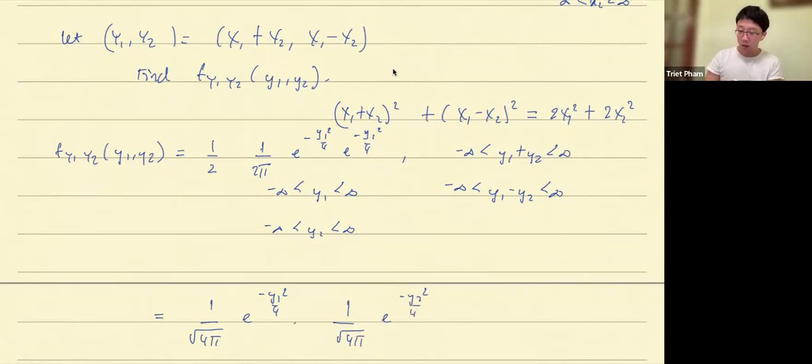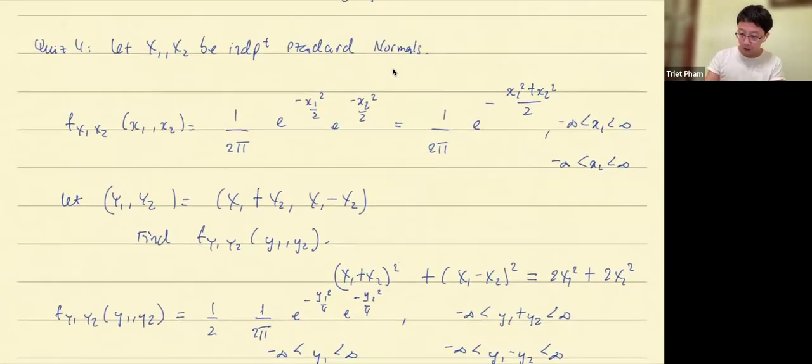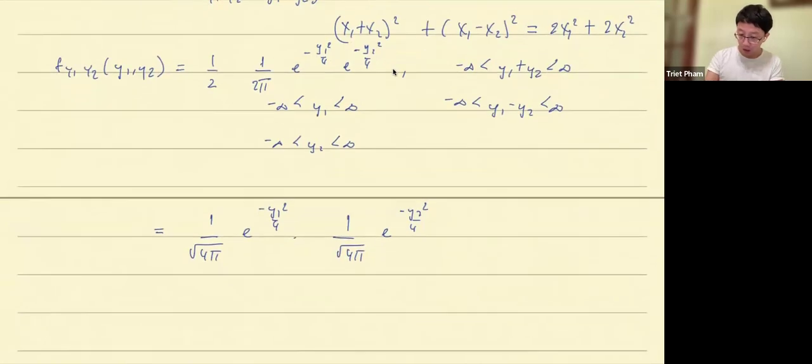So what have we concluded? We have concluded that if x1, x2 are independent standard normals, then x1 plus x2 and x1 minus x2 will be independent, and each of them will be a normal 0, 2 random variable.